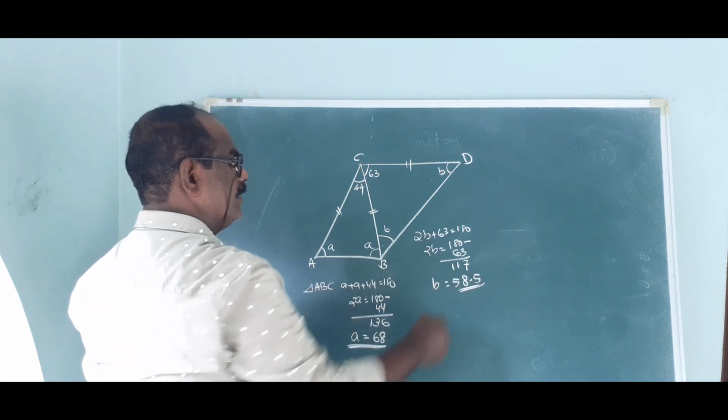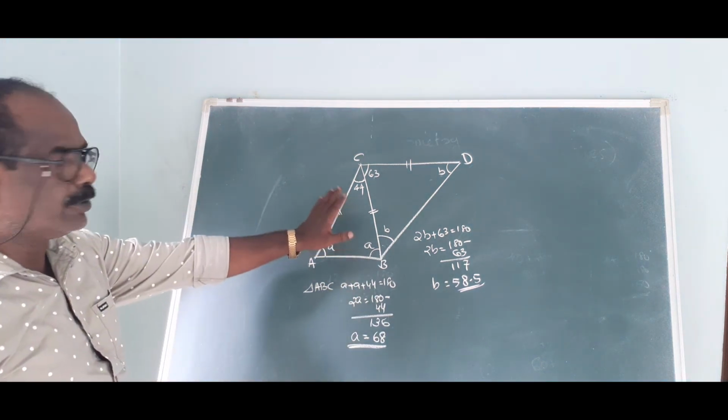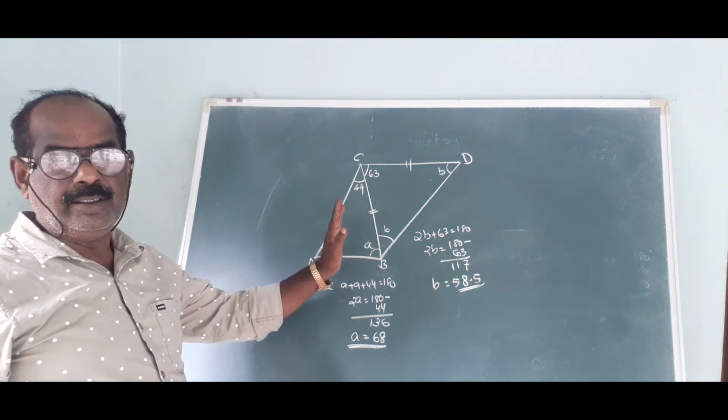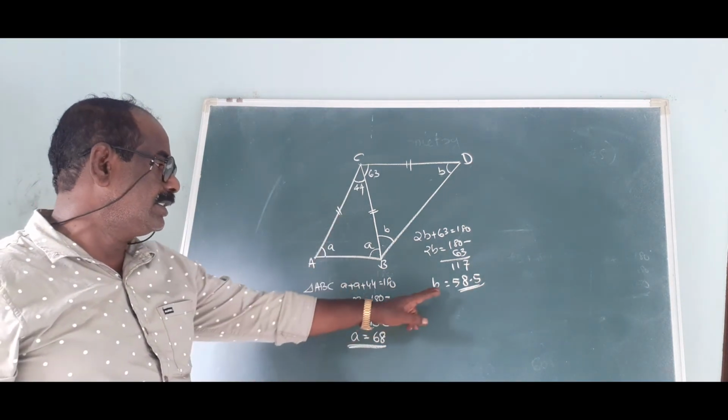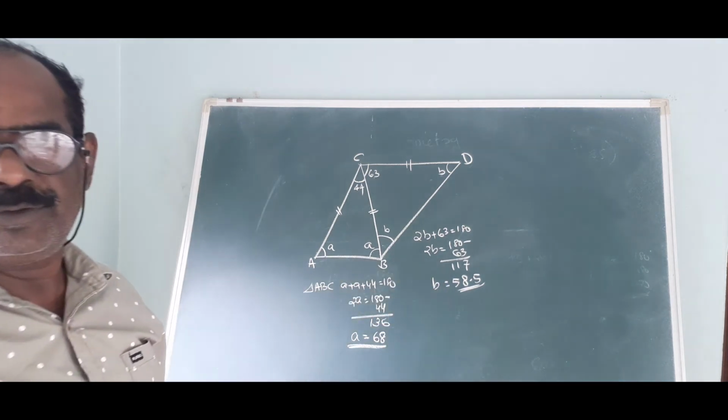B is equal to 58.5. Using only the properties, we get A is equal to 68 and B is equal to 58.5. Pause the video and write down.